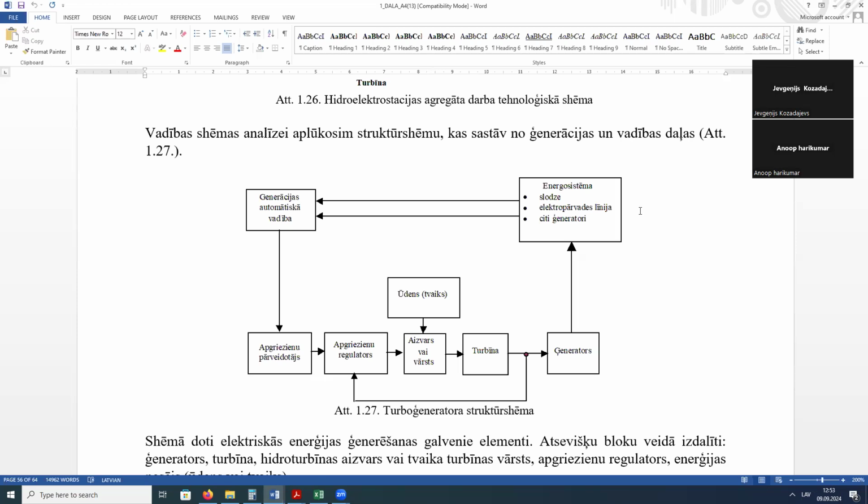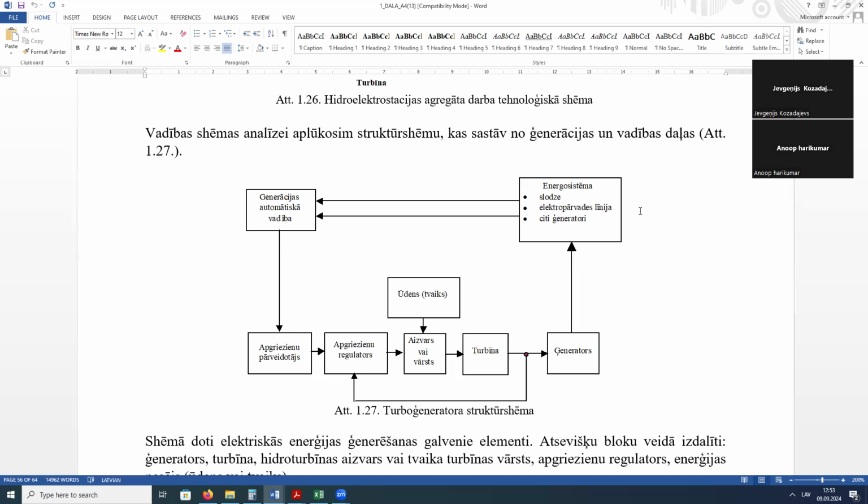Dangerous for power system elements, such as generators, loads, and so on. That's why it is very important to keep this frequency at the nominal.